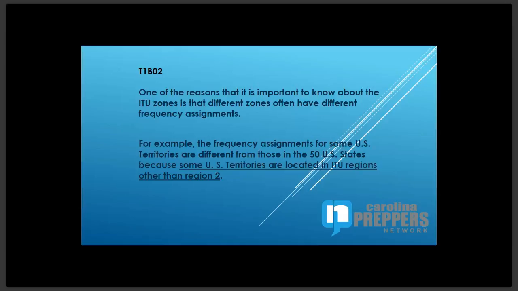So every country has systems for national defense, for emergency services, that in one country may not be an interference, but in their country it is. So these different zones can have different frequency assignments. And within the zone, usually the ITU zone is going to agree more in common on the frequency allocations for that zone.